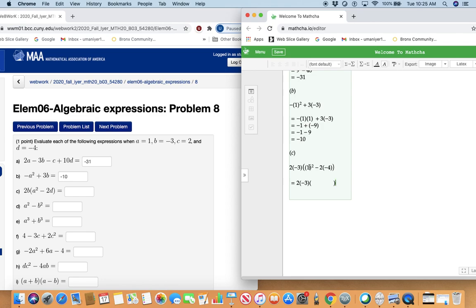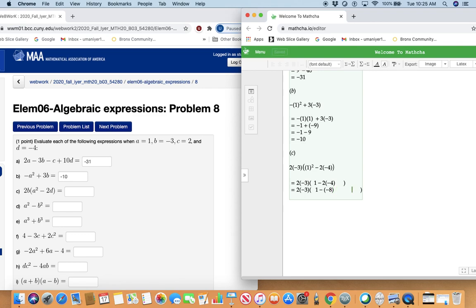Exponent takes precedence. 1 power 2 is 1, minus 2 parenthesis negative 4. Again, I have this huge parenthesis I have to take care of, so I will leave everybody else as they are. Now go inside: 1 minus 2 times something. Multiplication takes precedence. 1 minus 2 times negative 4 is negative 8.